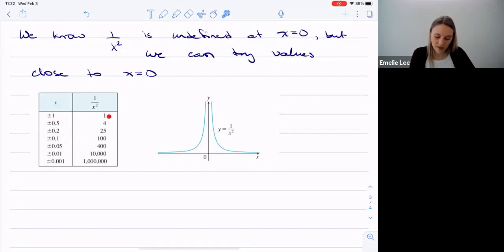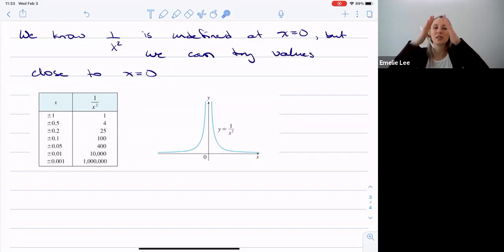Regardless, 1 over x squared is going to give you 1. And they've done the same thing for values getting closer and closer to 0, but not at 0. We can also look at the graph. We see that things are taking off on either side, going to positive infinity on either side.